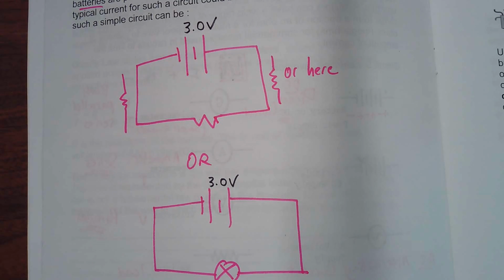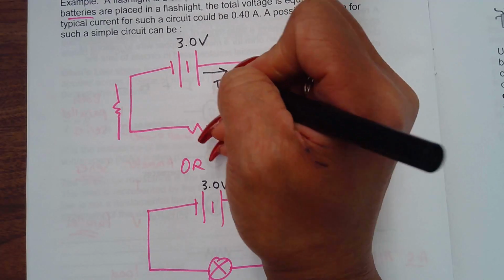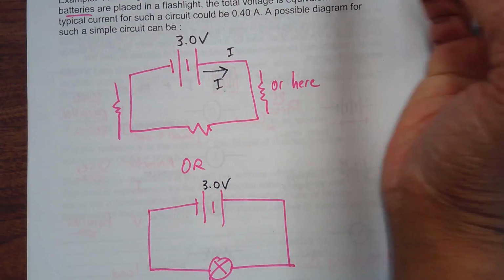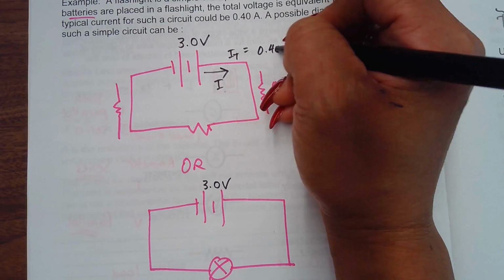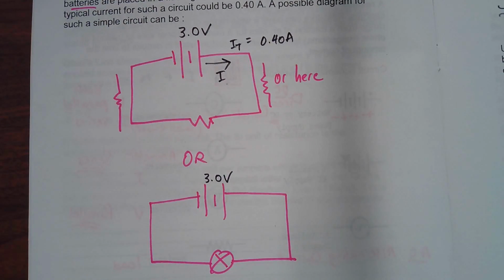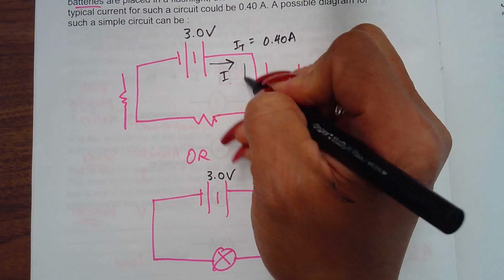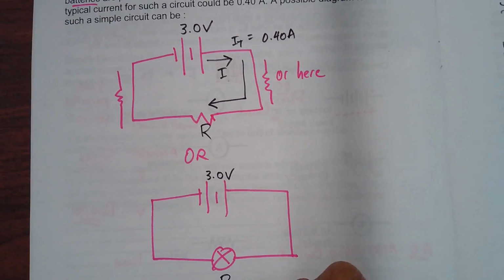What about the amps and the current? Yeah, so this would be the amps. When the current goes this way, the total current here is going to be 0.4 amps. So how many amps do you think this load is going to take? The current's going to go this way, and it's gonna be slowed down by this resistor.